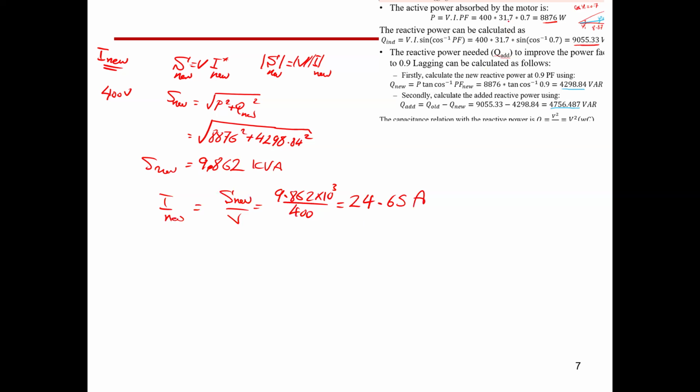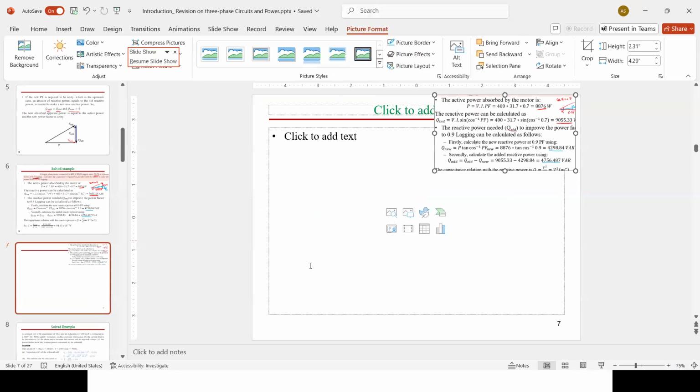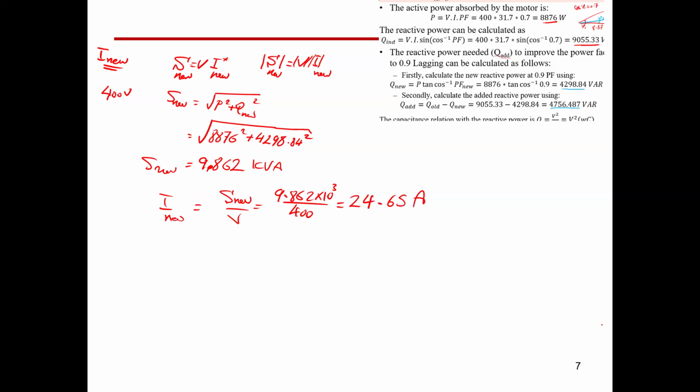As you can see here, the current was given 31.7. So this means I nu is less than I old. So this means the amount of current absorbed from the supply has been decreased when we improve the power factor.